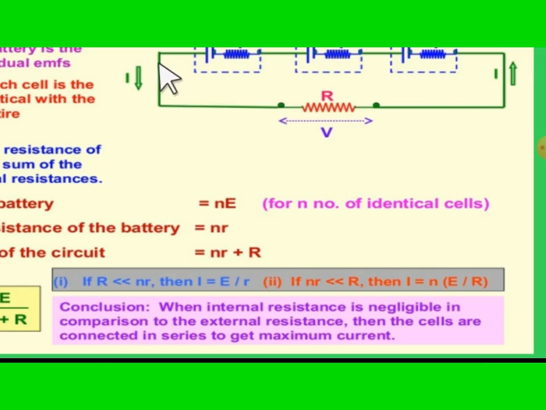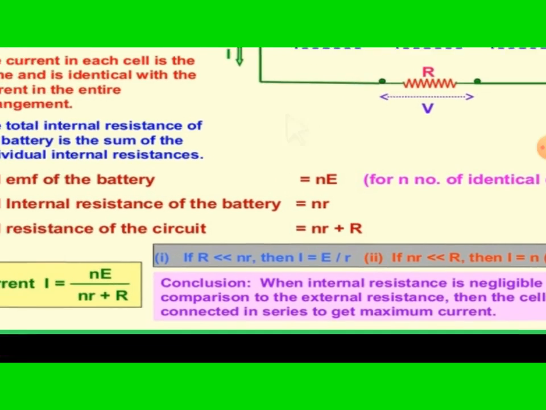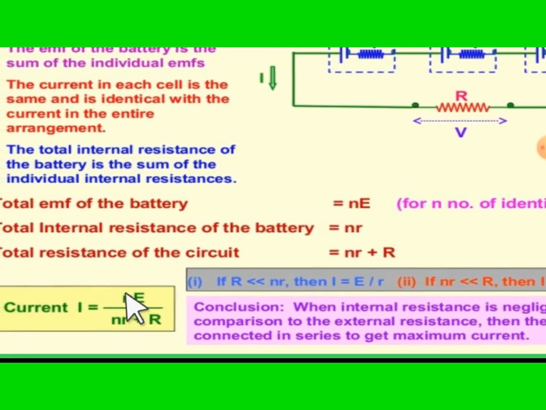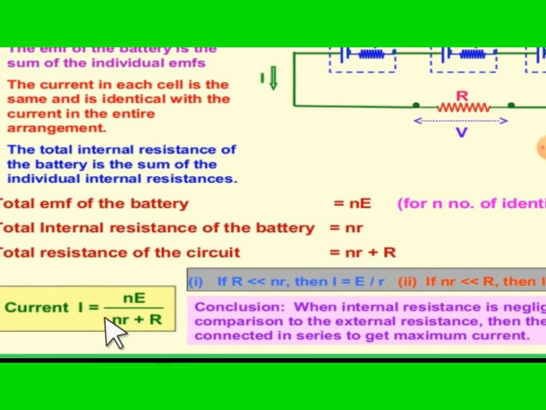That potential difference across these two ends will also be the potential difference here. Got it? So what happened? Your current I will be equal to NE, the total potential difference divided by the total resistance. So this is the relation for the current flowing through this circuit.